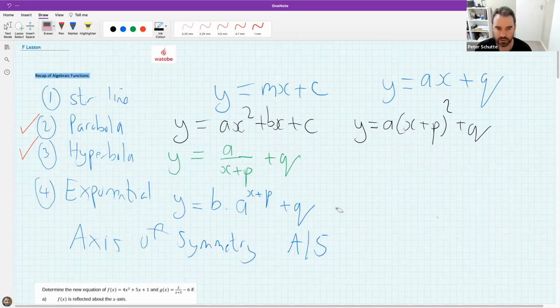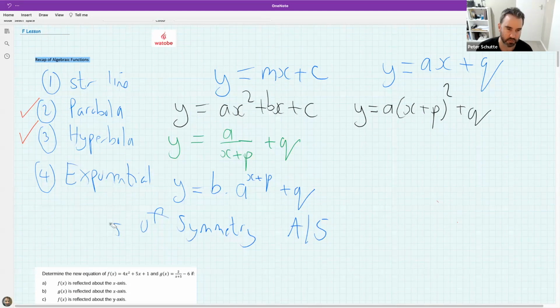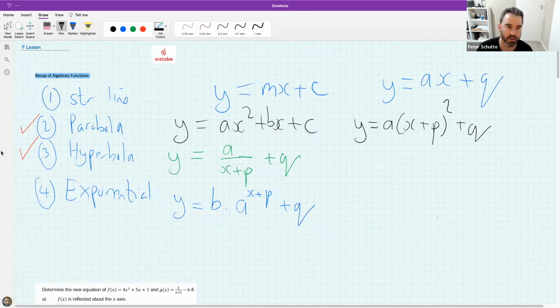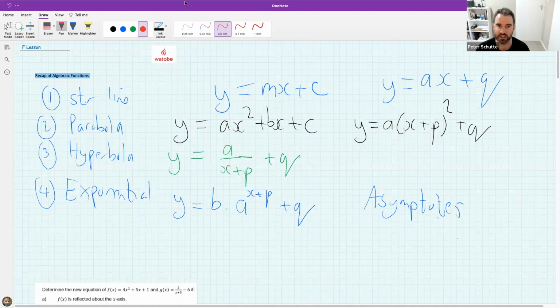Now, I want to know, of these graphs, which of them have asymptotes? So which of these graphs, 1, 2, 3, or 4, have asymptotes? Keep it coming, everyone. I see a lot of love for 3s.